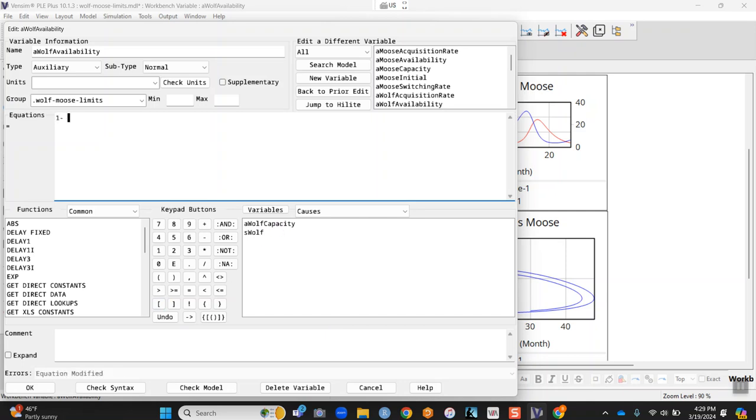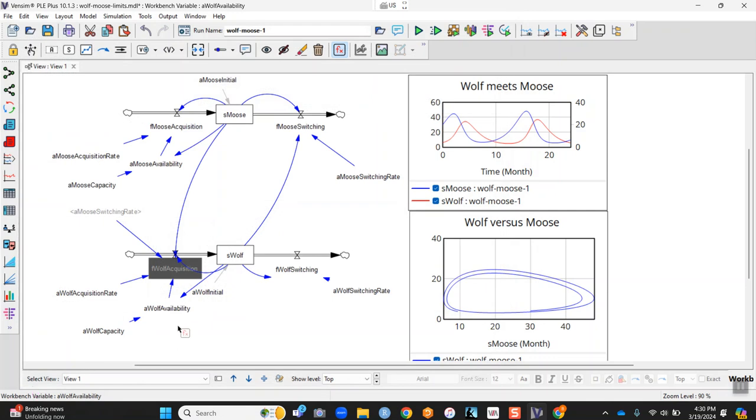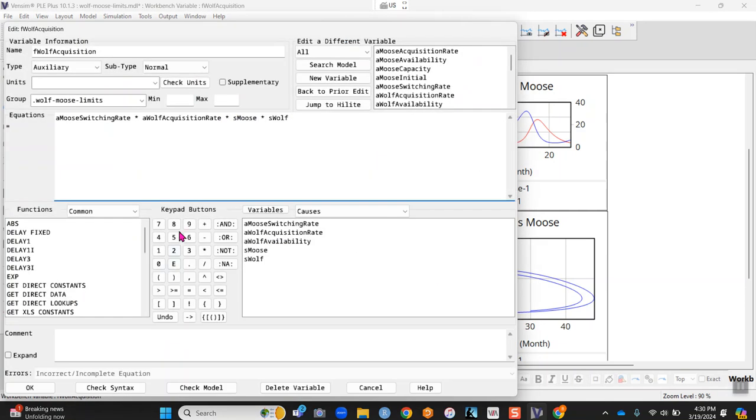And so this will be 1 minus the stock of wolf at any given time during the simulation divided by wolf capacity. And we're going to say this is okay. And finally, we insert.